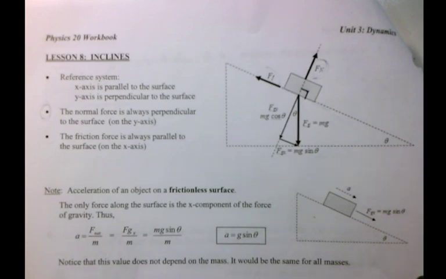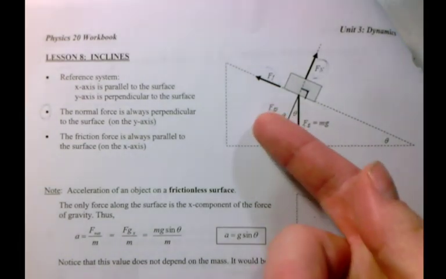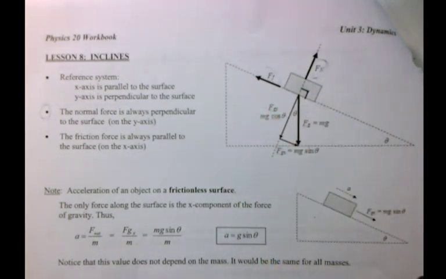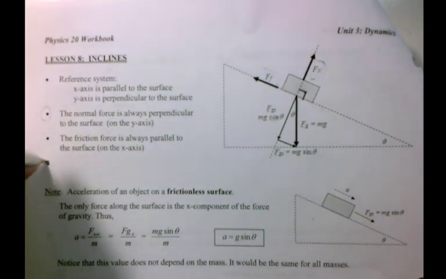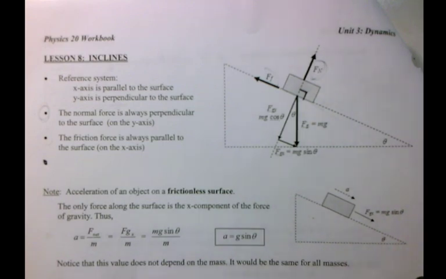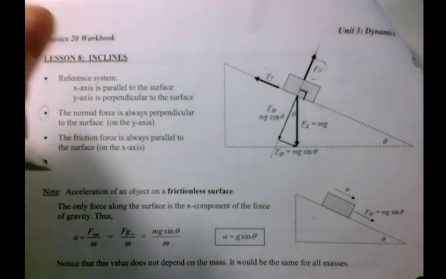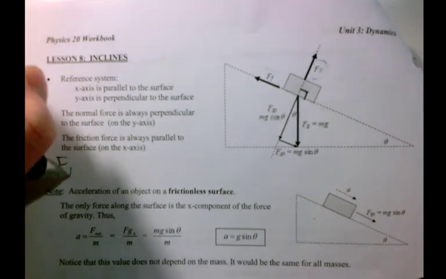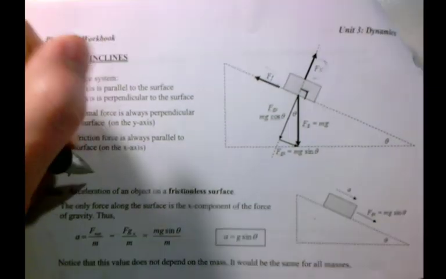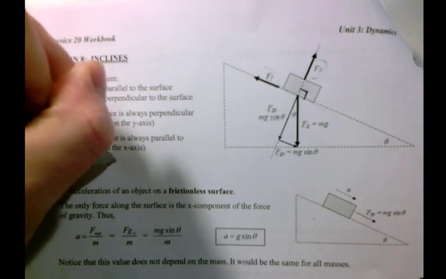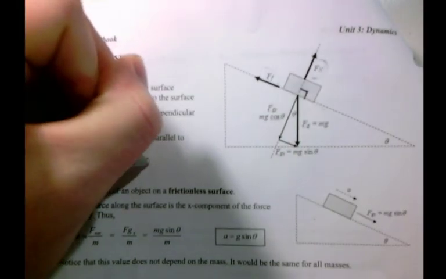So force of friction is always parallel, normal force is always perpendicular, and I guess you could add another point here: the force of gravity, Fg, is always straight down.